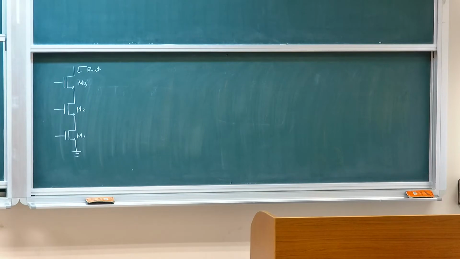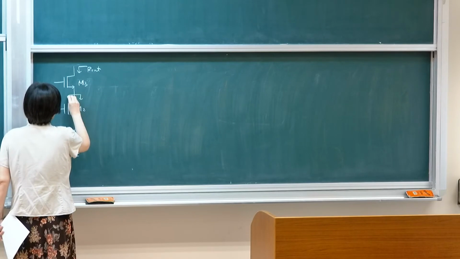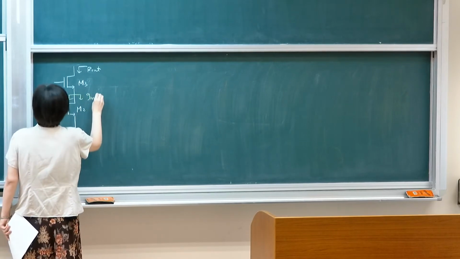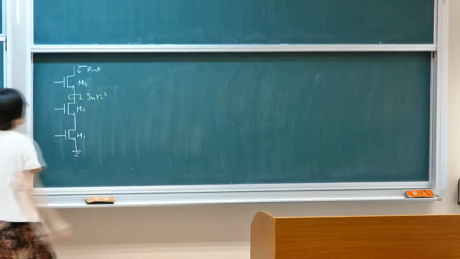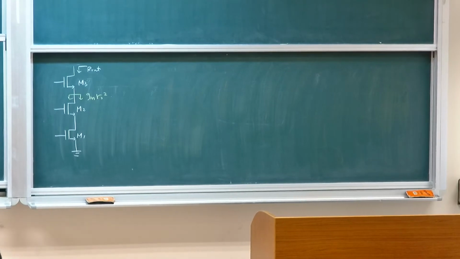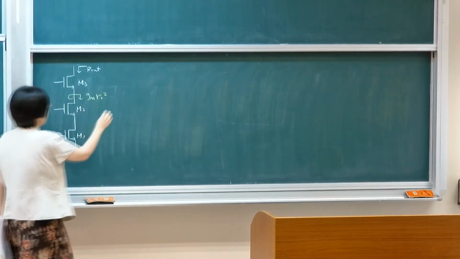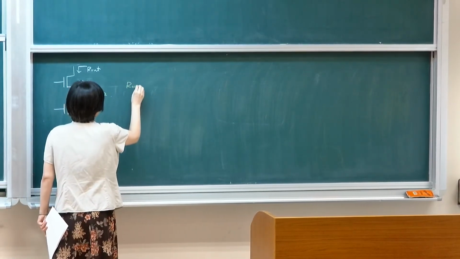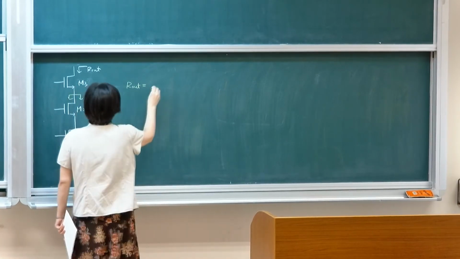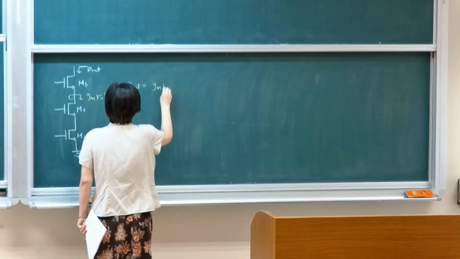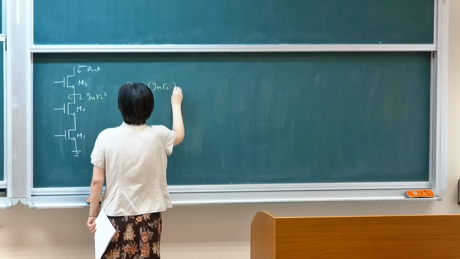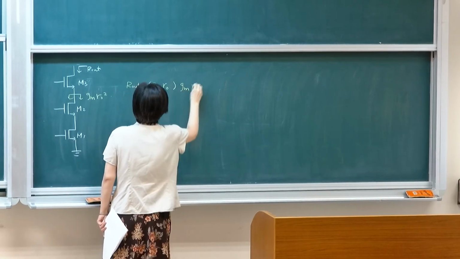So if I'm looking in from this 3-stack structure, assuming that I'm looking in from here, I already know this is GM RO squared. Okay? So simply R out will be GMRO based on the same equation times another GMRO squared.